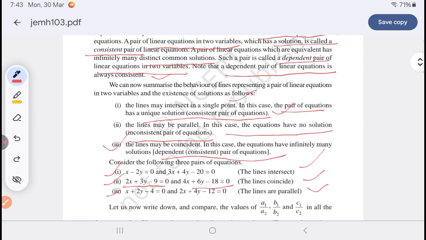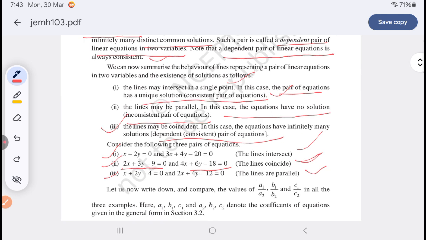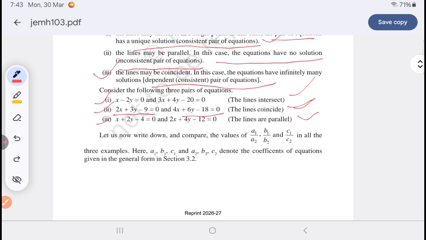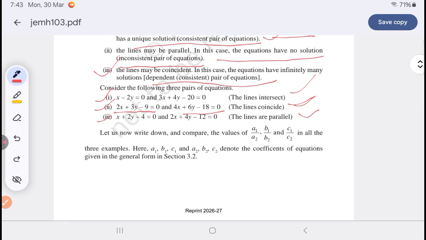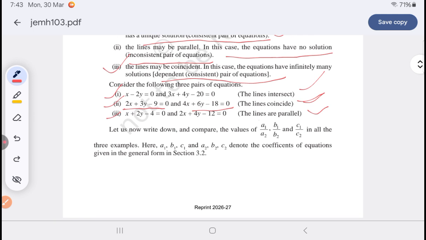So this is the same as this one, so these lines are coincident. Now let us write down and compare the values of a1 by a2, b1 by b2 and c1 by c2 in all three examples. Then you relate the equations.